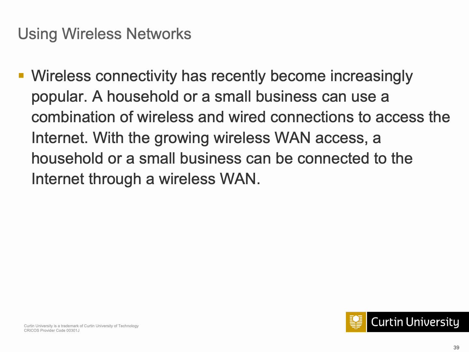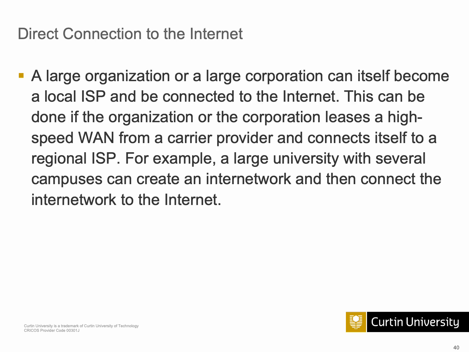Wireless connectivity is popular today. A household or a small business can use a combination of wireless and wired connections to access the Internet. There's another method of connecting to the Internet, which is a direct connection. We are not usually using these in our houses or small offices, but a larger organization can itself become the local ISP and connect to the Internet.